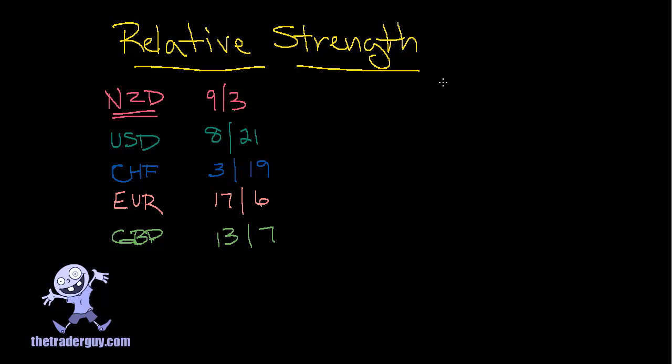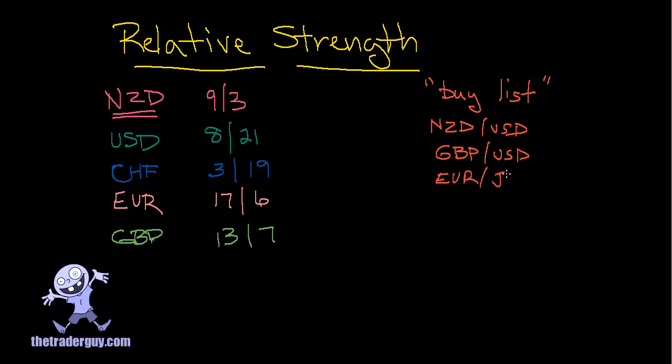So what I'll do is I'll come up with a buy or a shopping list of sorts, and it might be Kiwi dollar, it might be pound dollar, euro yen. I mean, it could be whatever. And then I sit around and I look at my charts and I wait for technical setups in one of these pairs in my shopping list.